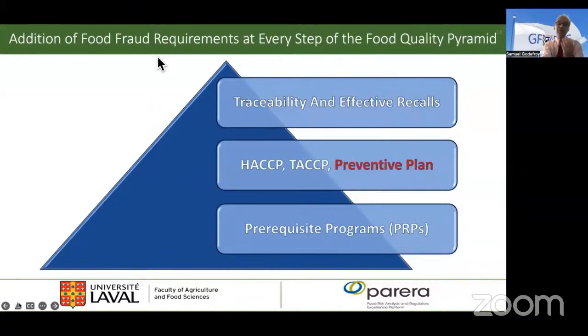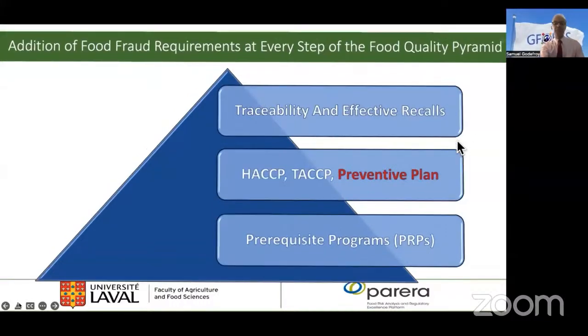Of course, traceability would support better reactivity when situations of food fraud are identified and are widespread. Having the appropriate traceability mechanisms would allow us to limit and mitigate those incidents.